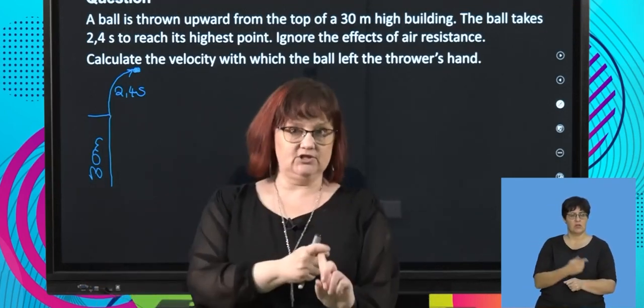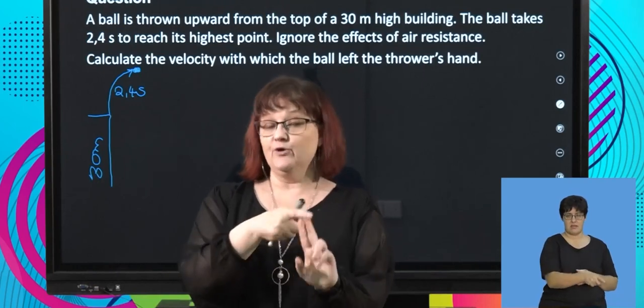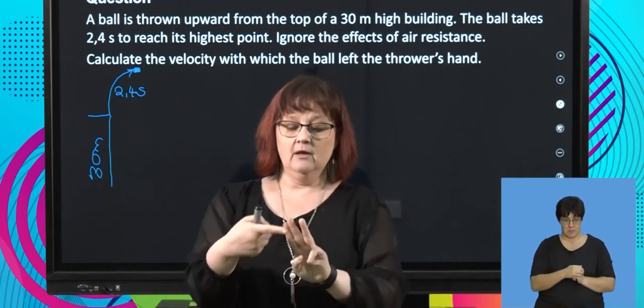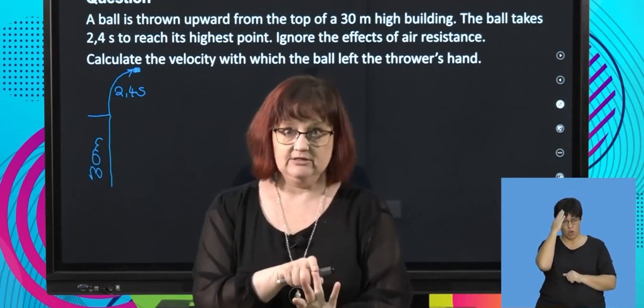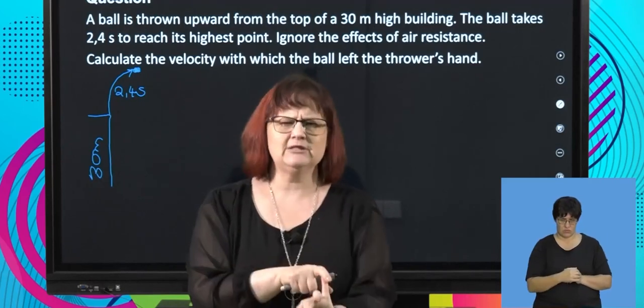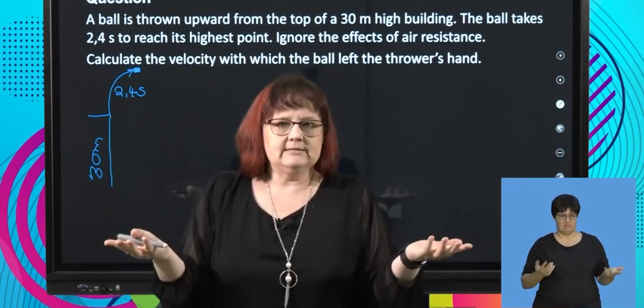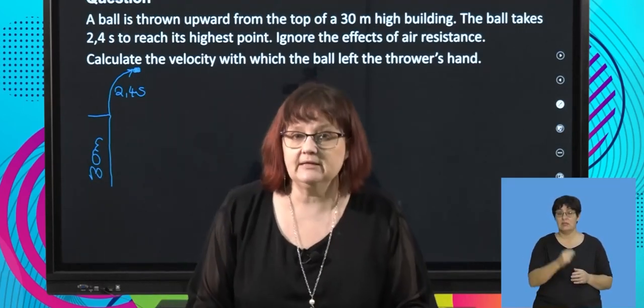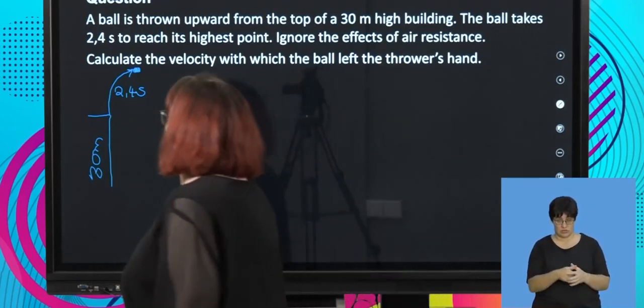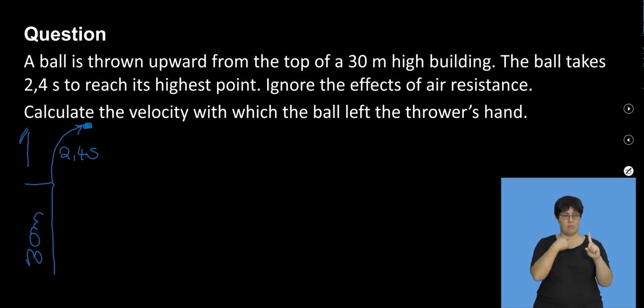I want initial velocity. I know the final velocity, which is going to be 0 because it's at the top of its motion. We know acceleration every single time, 9,8 meters per second squared down, and I know time. Nice and simple. What do we need to make a decision about? Sign convention. I'm going to take up as positive.